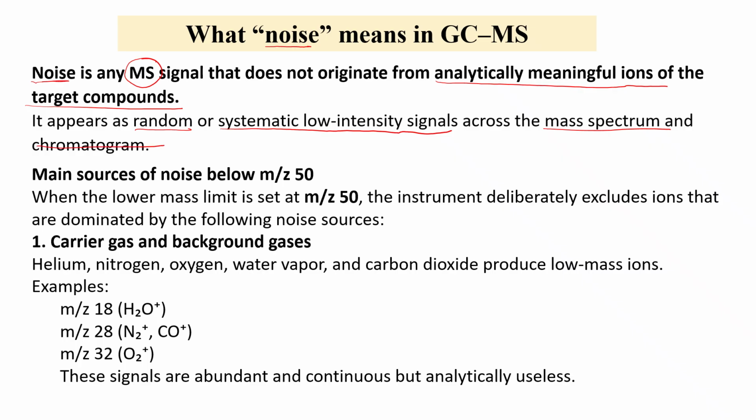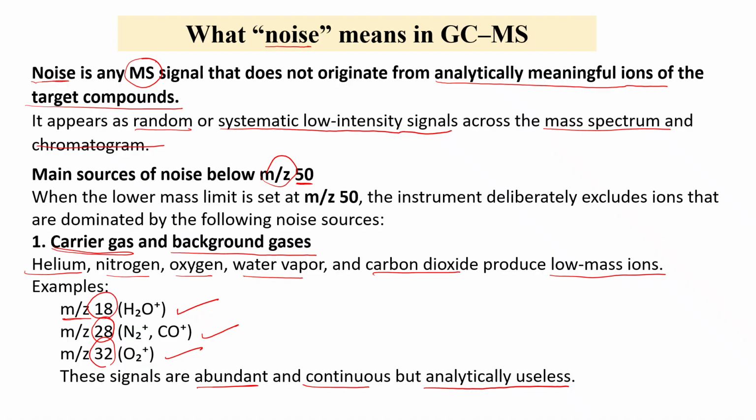So main sources of noise below mass to charge ratio 50 is that of the carrier gas or the background gases such as helium, nitrogen, oxygen, water vapor, carbon dioxide, which produce low mass ions. So the mass to charge ratio is 18 for water, 28 for nitrogen and CO plus, 32 for oxygen. So these signals are abundant and continuous, but analytically they are useless.